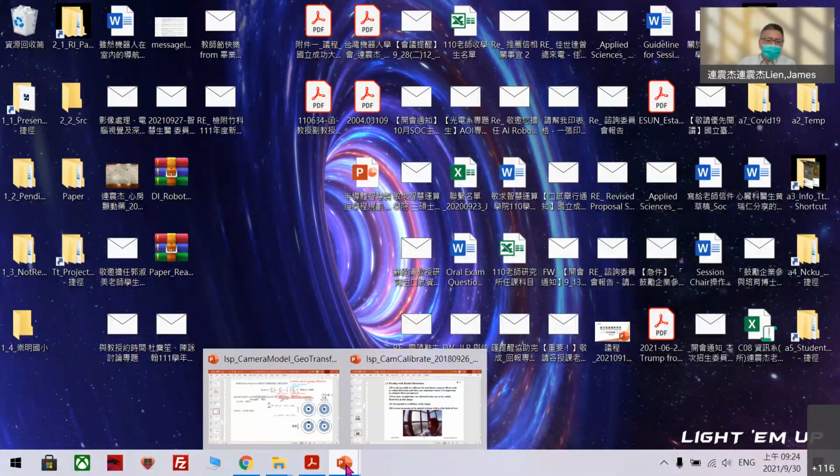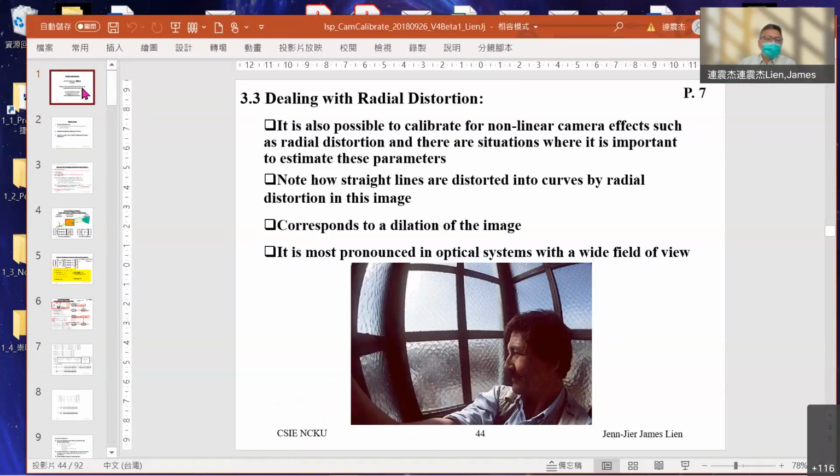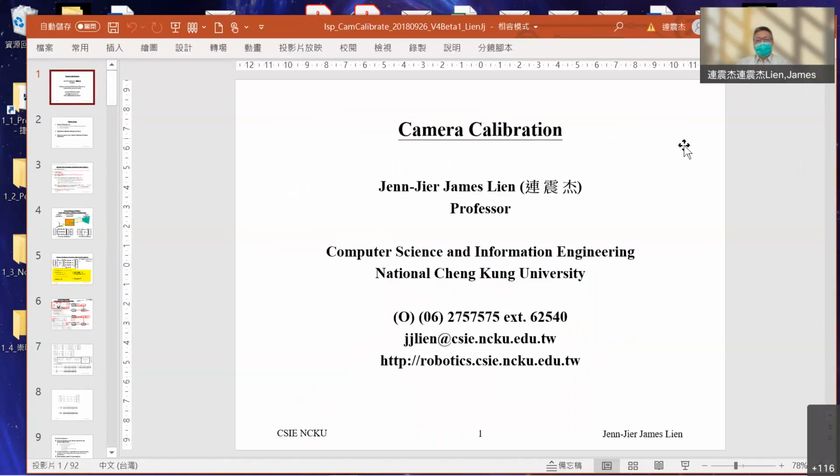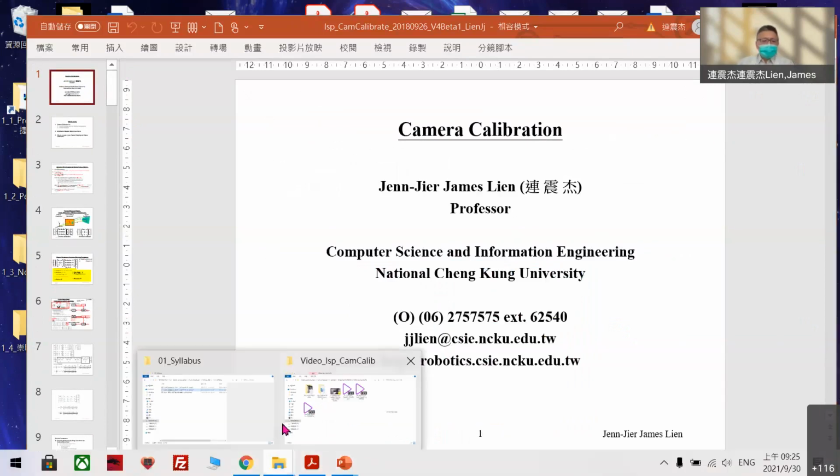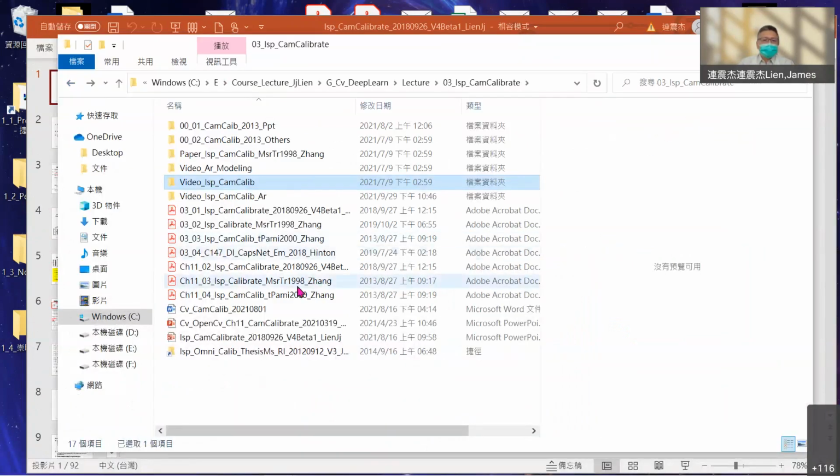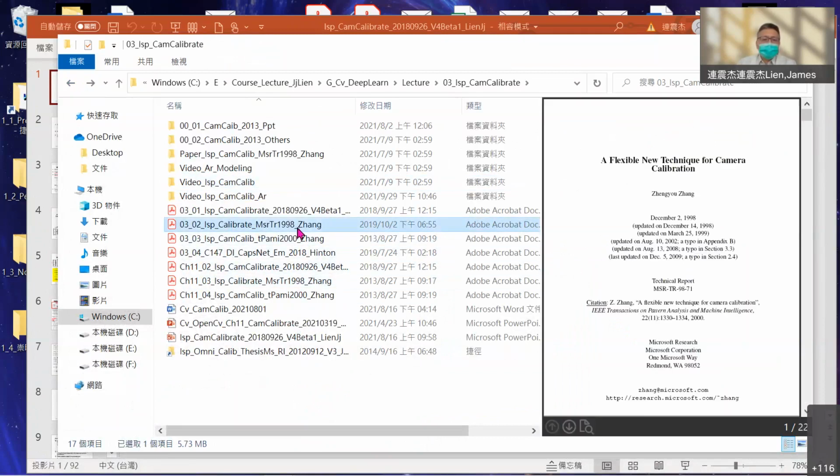We go for the next lecture about camera calibration. And camera calibration, basically I use this paper.